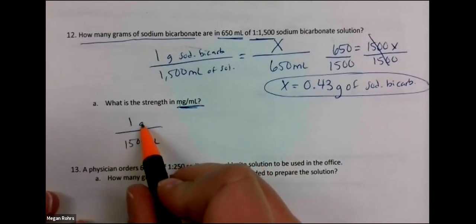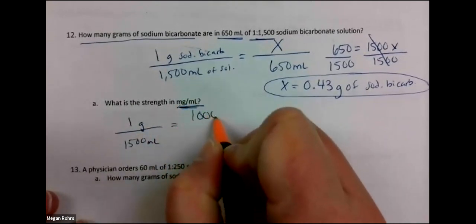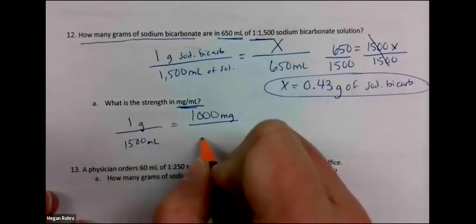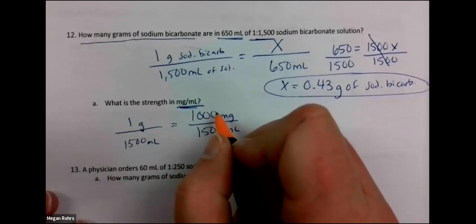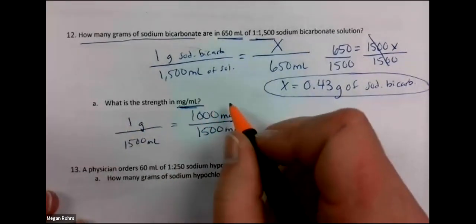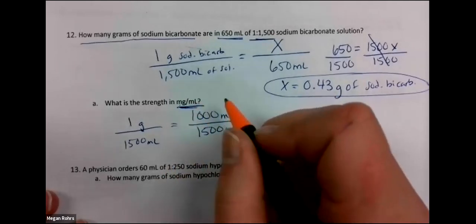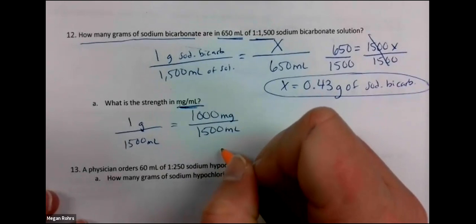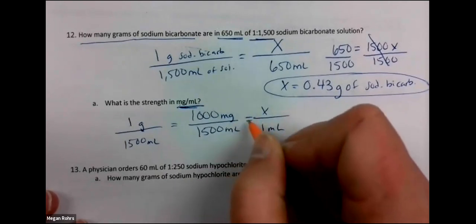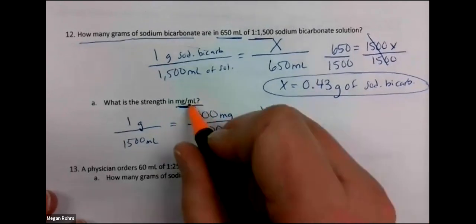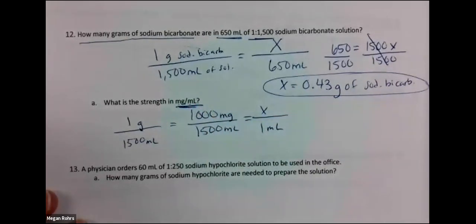So 1 gram, if we convert that into milligrams, that would be 1,000 milligrams. This would stay the same because 1 gram is equal to 1,000 milligrams. Now I want to reduce this to milligrams per mil. So I can just take this and divide 1,000 divided by 1,500, or if it helps you, set this equal to x over 1 mil, because we're just solving for 1 mil. So it would be 1,000 divided by 1,500.